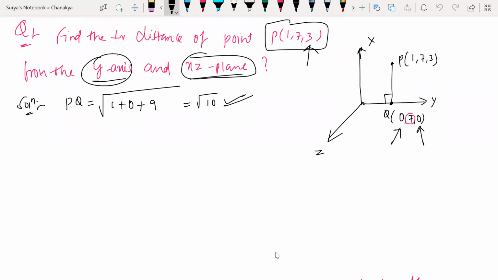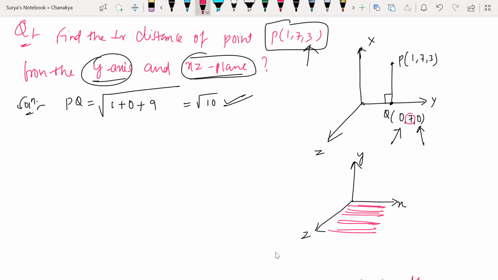Similarly, you draw the diagram here. X, Y, Z. He's talking about the perpendicular distance from the xz plane, this region.